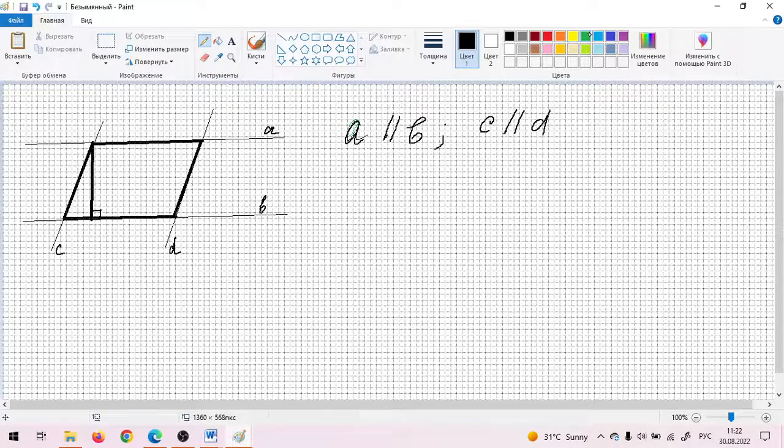So if we build some other perpendicular from any point of the side of a parallelogram to the opposite side, they are a height too.